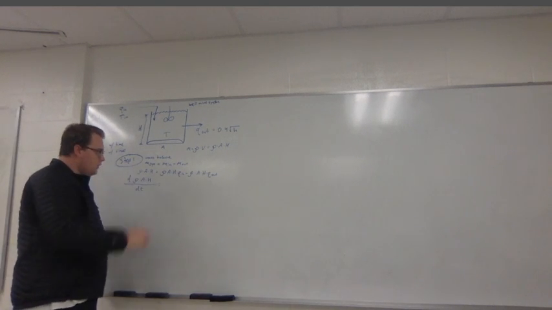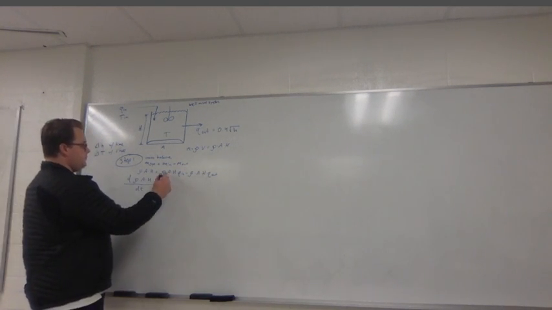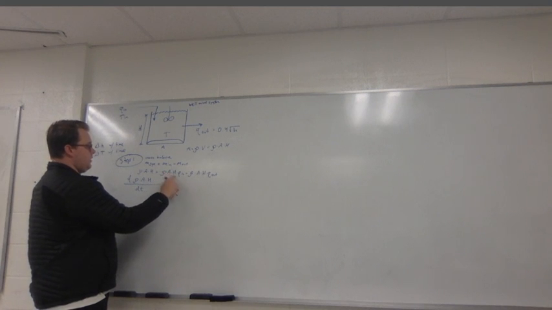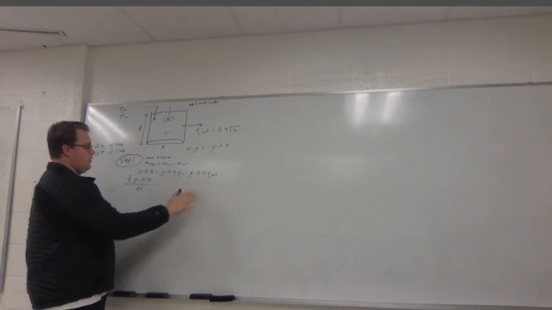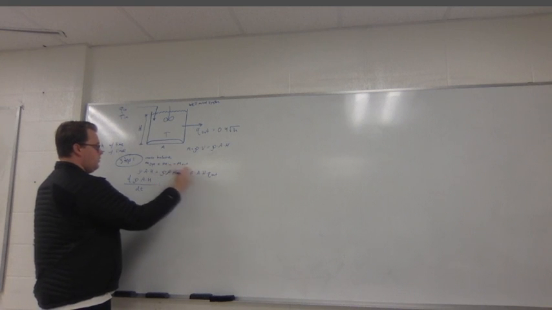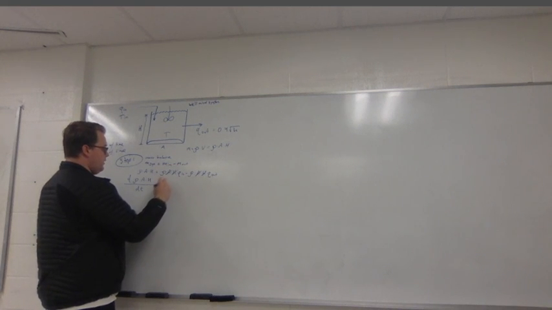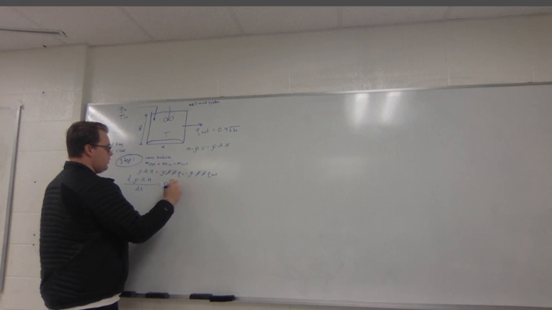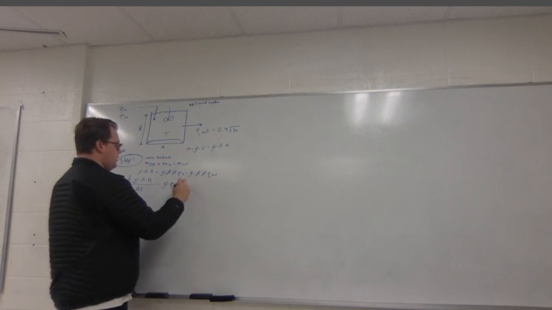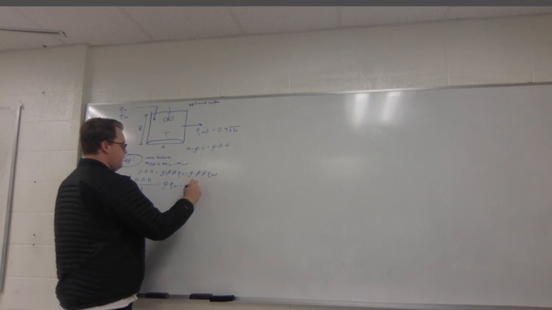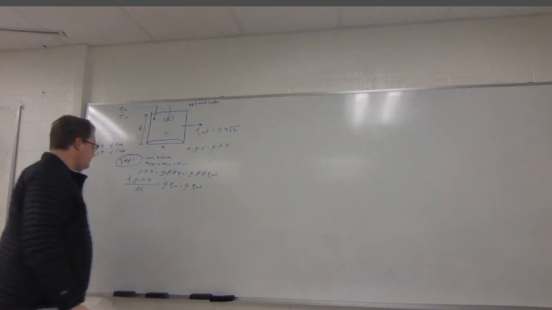And over here, this area and height coming in, area and height going out, those can cancel. And I'm left with density times flow rate in minus density times flow rate out of our system.